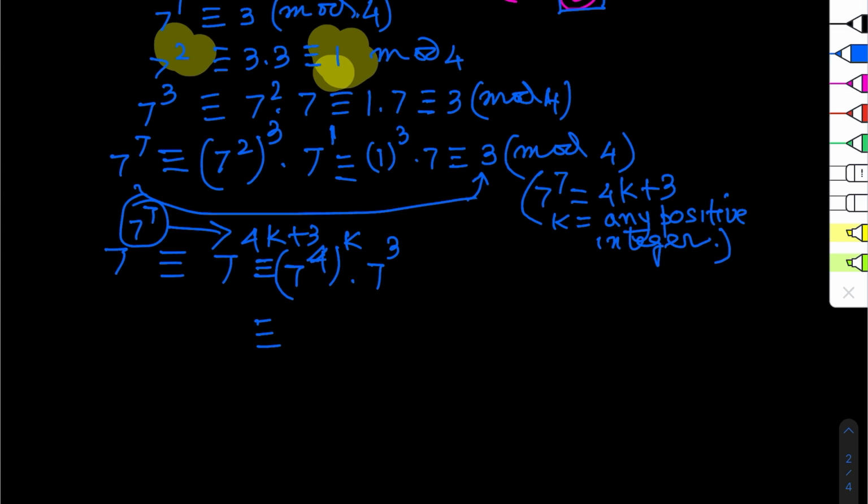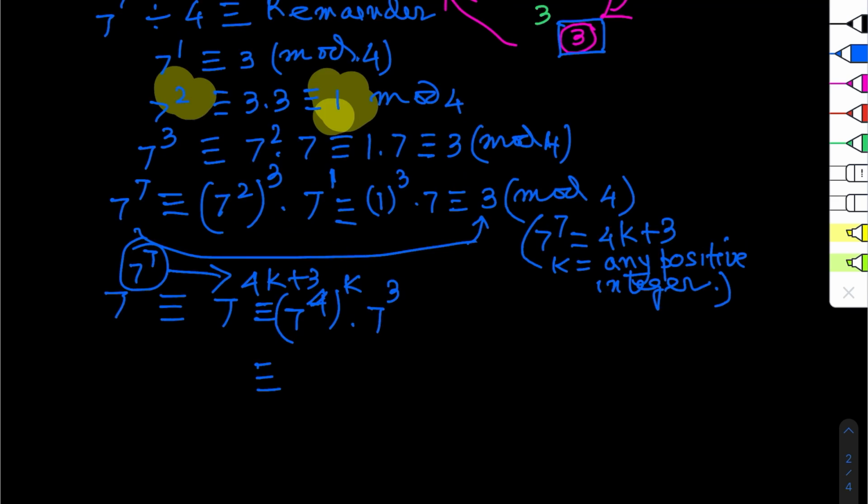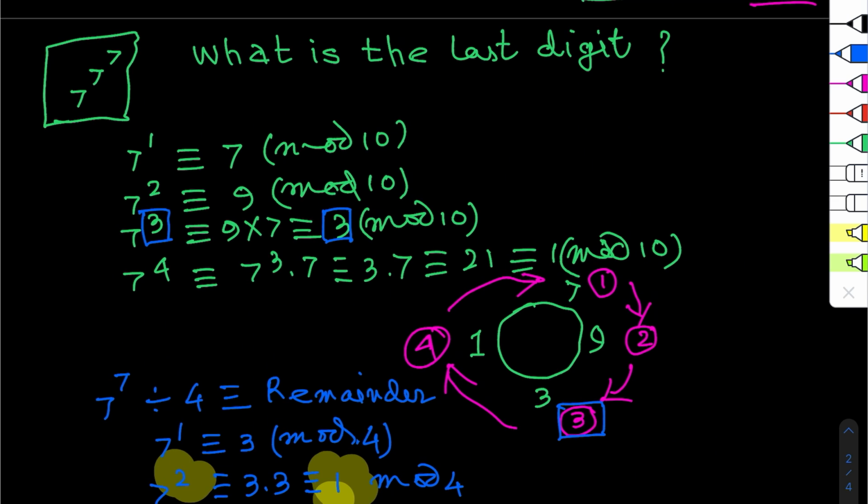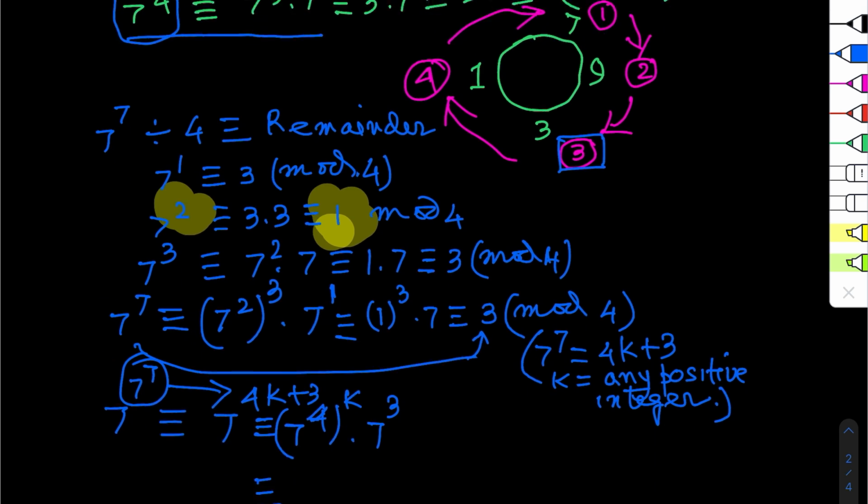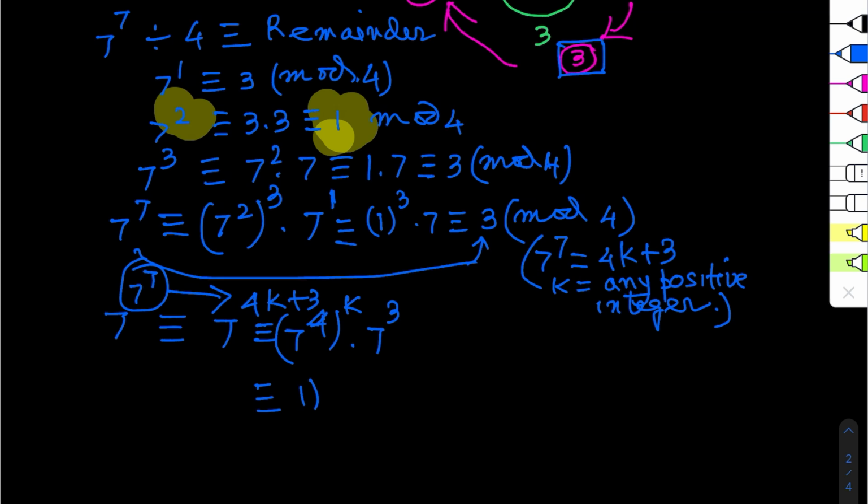We know that 7 to the power 4 gives the remainder 1. So 1 to the power k into 7 to the power 3.